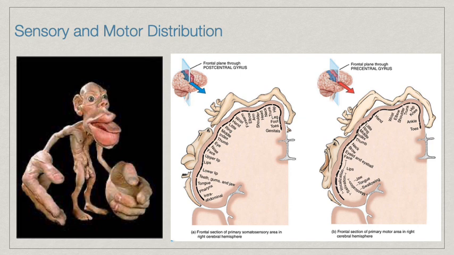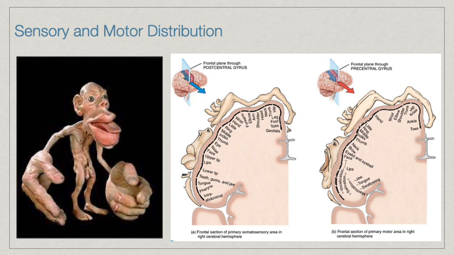We can also do this with our motor movement. Any voluntary motor action that you control starts as a signal on our precentral gyrus, and we can see for each body part what individual part of that precentral gyrus initiated that movement. We also have homunculi for the motor side.